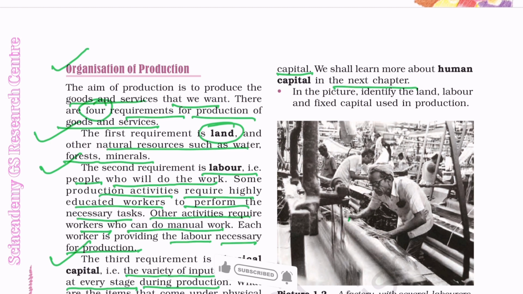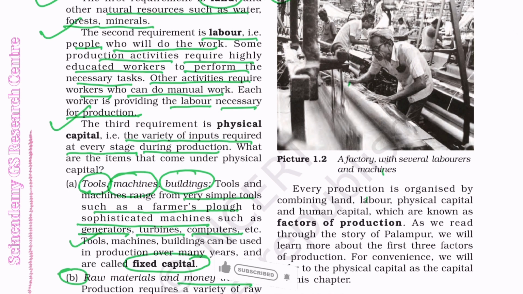In the picture, identify the land, labor, and fixed capital used in production. Picture 1.2, a factory with several laborers and machines. Every production is organized by combining land, labor, physical capital, and human capital, which are known as factors of production.